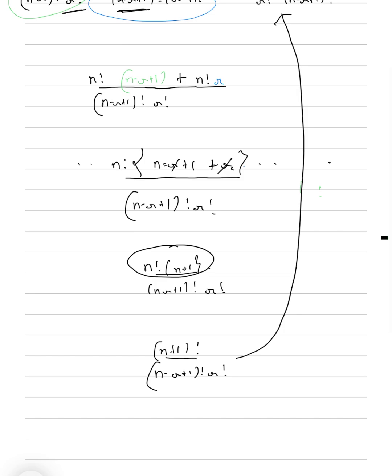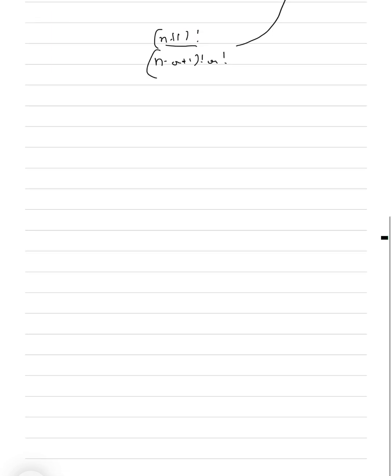Now moving on to another concept, the fundamental principle of counting. What do we mean by the fundamental principle of counting? Now let's start the next topic. Fundamental principle of counting.